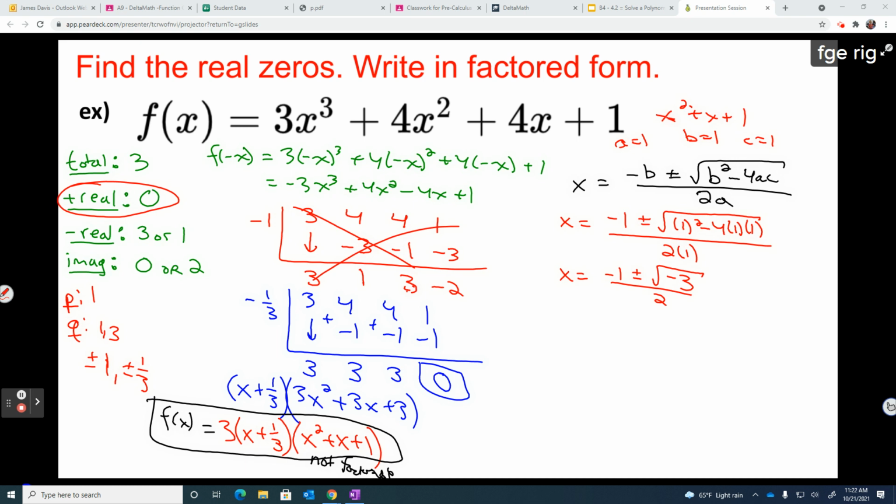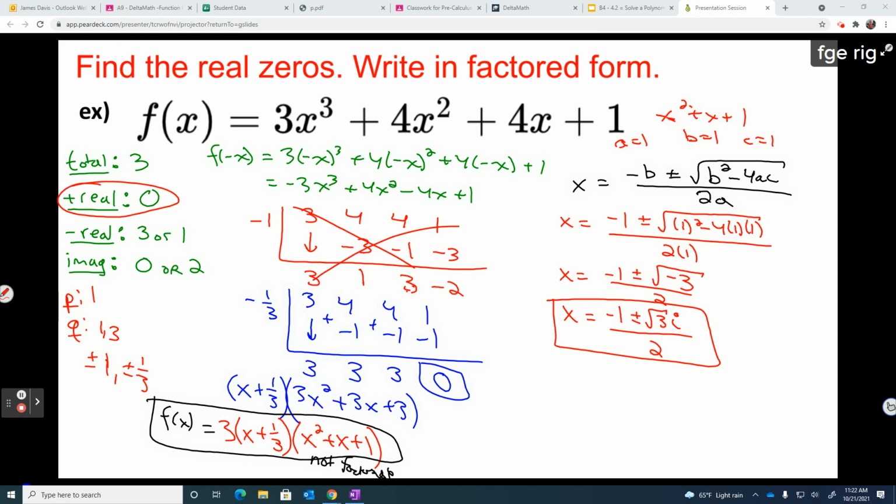Now, up to this point, we haven't had any imaginary answers. This is actually an imaginary number because we have a negative inside of the square root. So we're just going to write it this way. Negative 1 plus or minus the square root of 3 i. i stands for imaginary. And we're just going to leave it like this. There's not really any simplifying you can do.